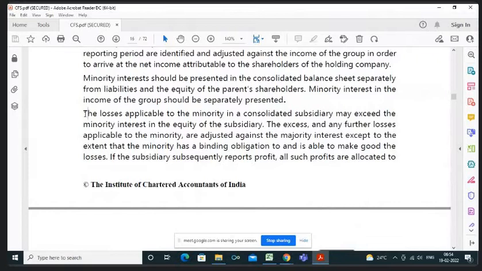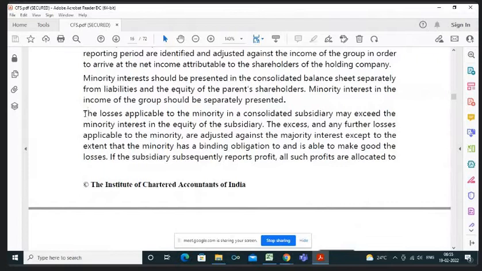So what happens? Sometimes the minority interest becomes negative. We should not allow any negative in the minority interest. At the maximum, it can be zero. It cannot be a negative figure because of the limited liability clause in companies. So in such cases, what should we do? The minority's share of loss, the holding company should also take care of.